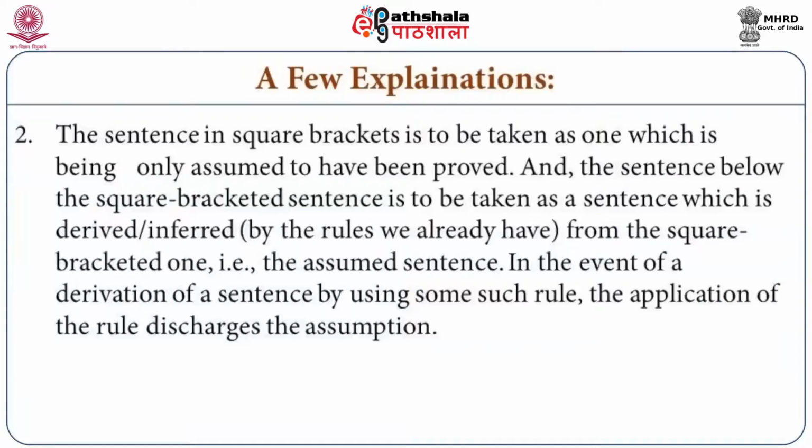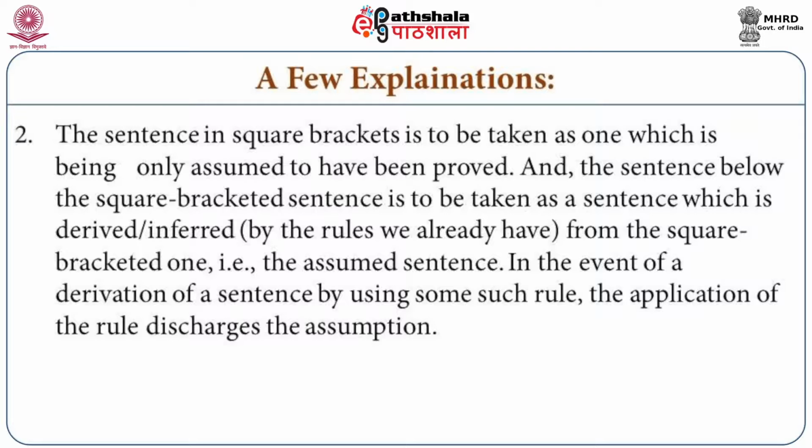There is another symbol which needs explanation. You may have noticed square brackets whenever we are using meta variables, A or B, C, whatever. Some are used without these square brackets, but some involve square brackets.